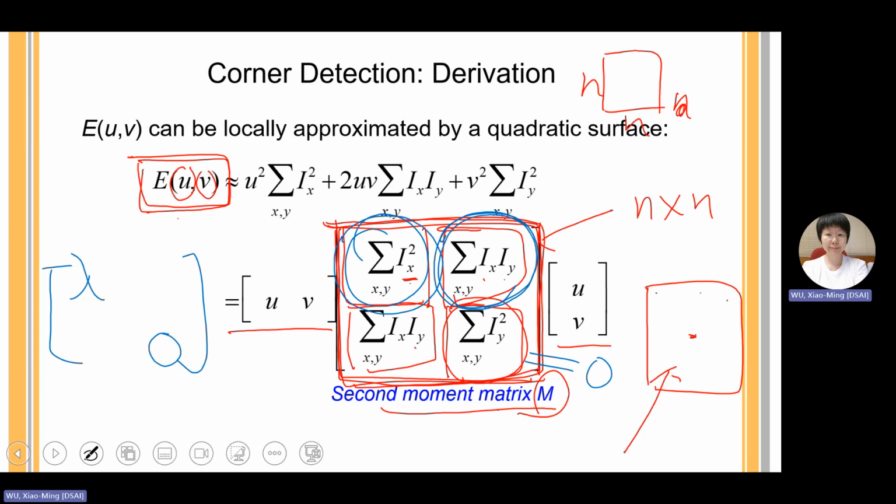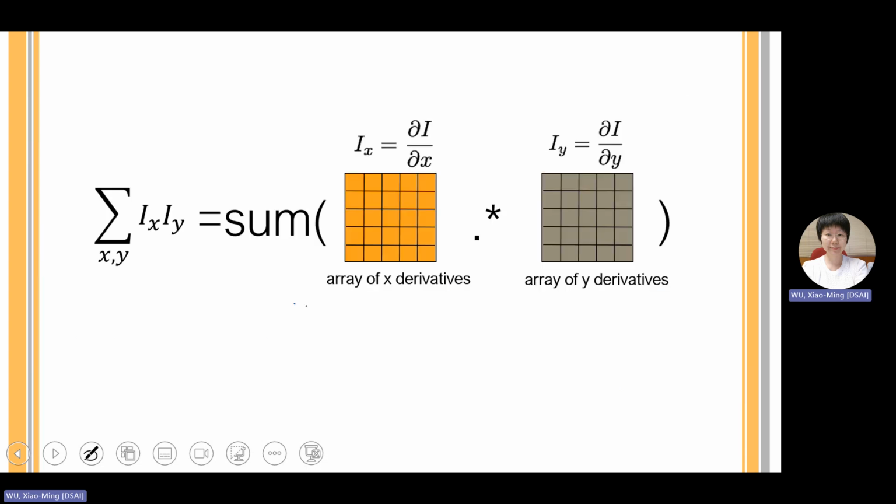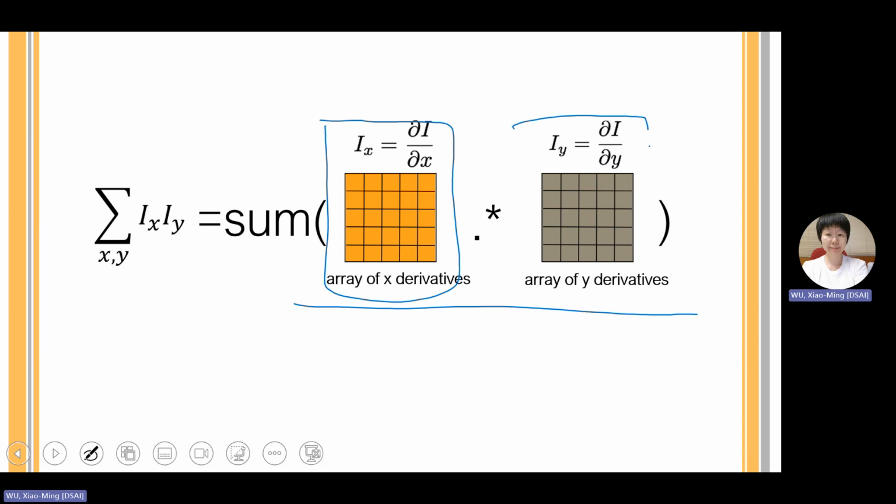Then what about this term? That's why I want to explain Ix and Iy. The computation of this one can be computed like this. We have an x derivative map and a y derivative map, and then we multiply them pairwise.